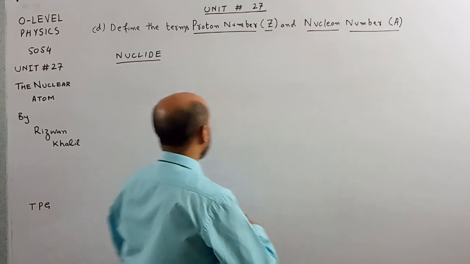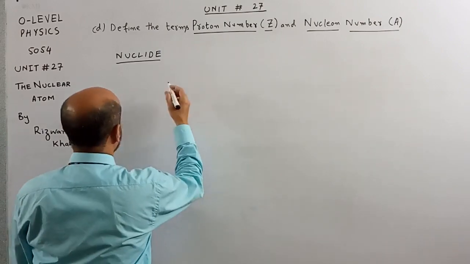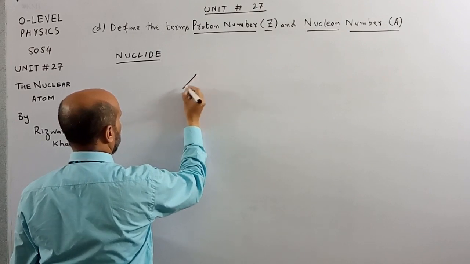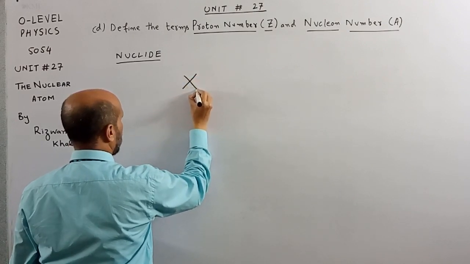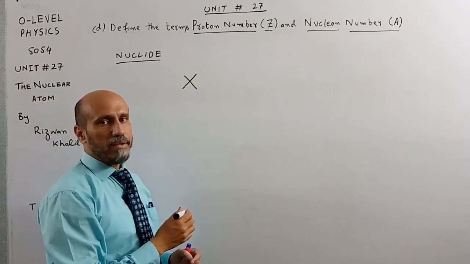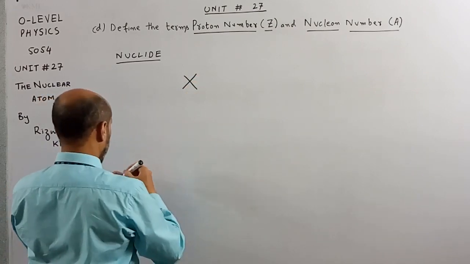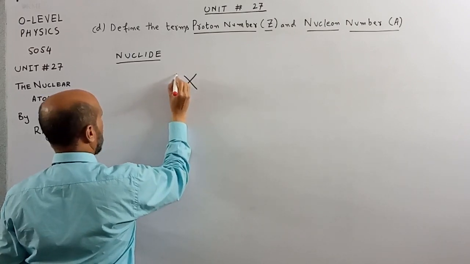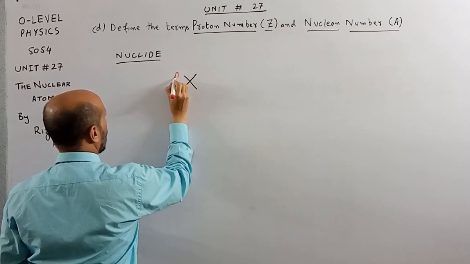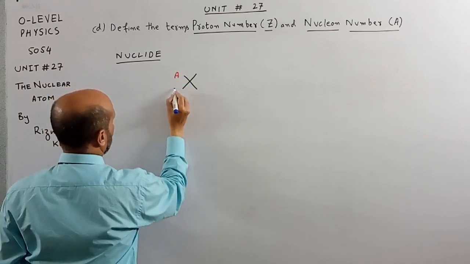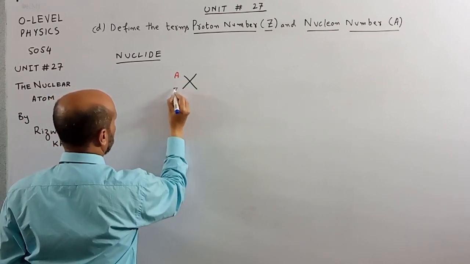So nuclide means that it is a particular type of notation. It is represented by capital X, while on the topmost left side of the capital X, we always write the value of capital A, and here we always write the value of capital Z.